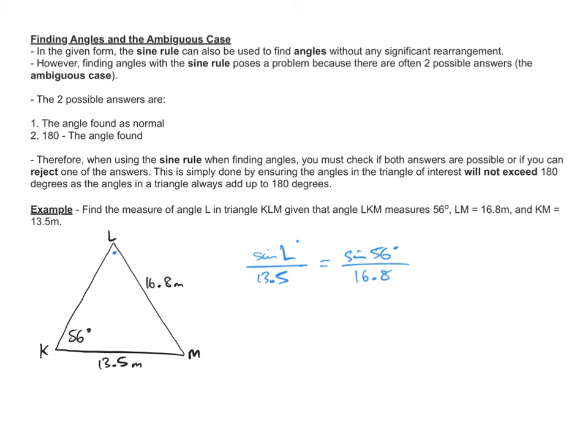Now, because the unknown is on top, we don't need to cross multiply, we just need to multiply both sides by 13.5 to get sine L by itself.